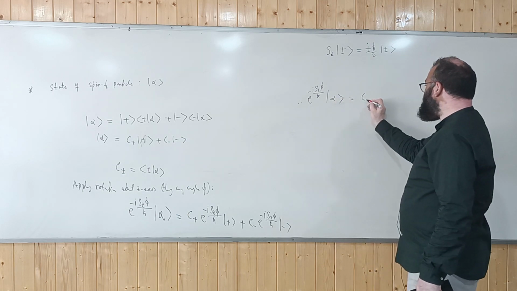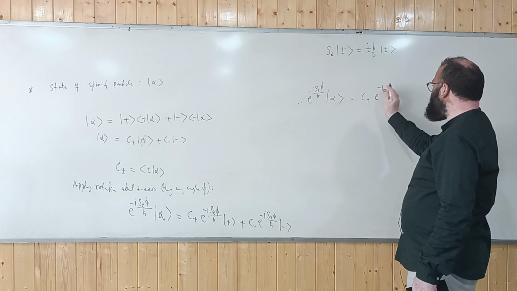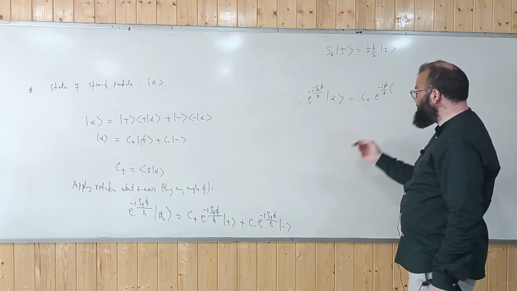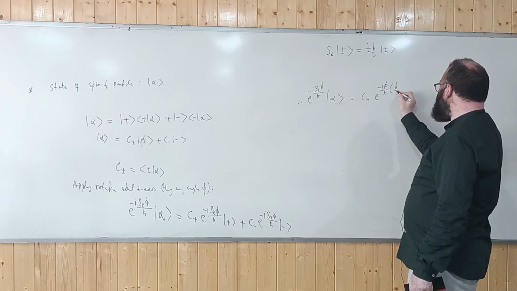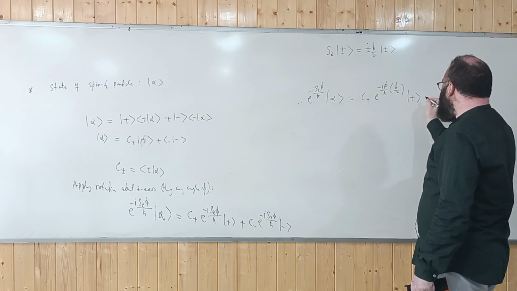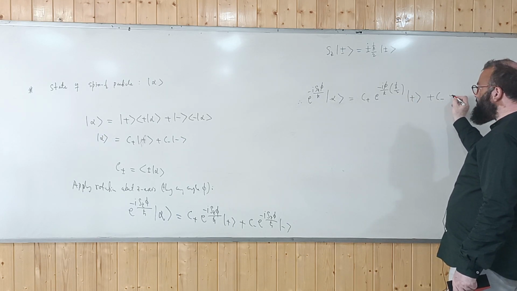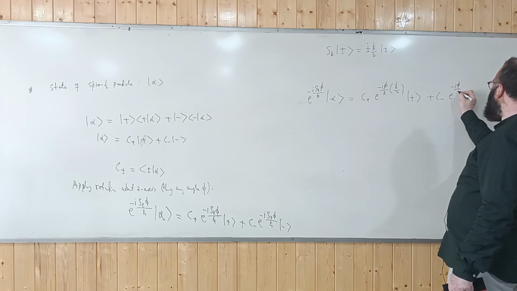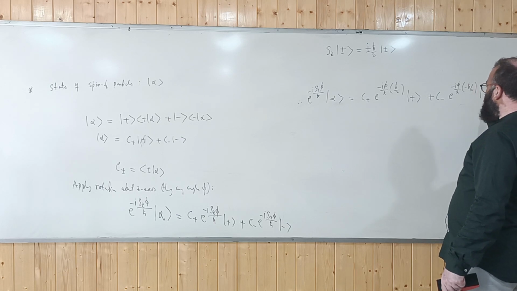So what is that? It will be C plus e raised to the power minus i phi by h bar, S_z acting on plus will give me h bar by 2, so plus will remain there. Then you have C minus, which will give me minus i phi by h bar, and it will give me simply minus h bar by 2, minus. Got it?